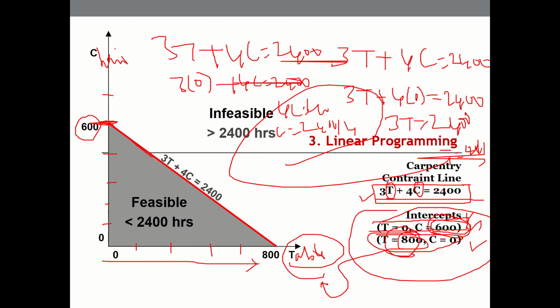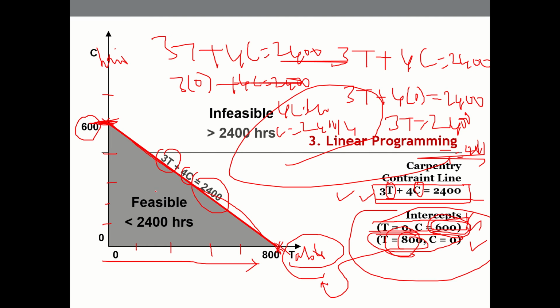And we connect these two intercepts, and we mark this as one region for the first equation, where 3t plus 4c is equal to 2,400 hours.